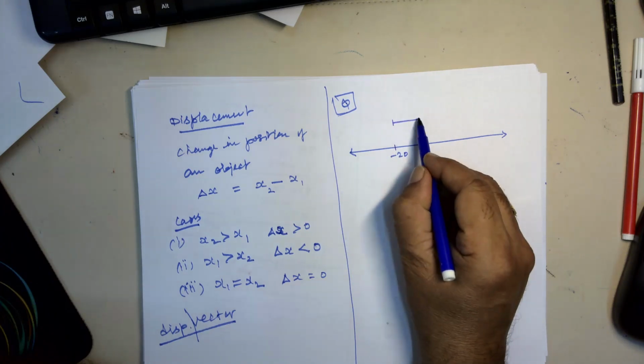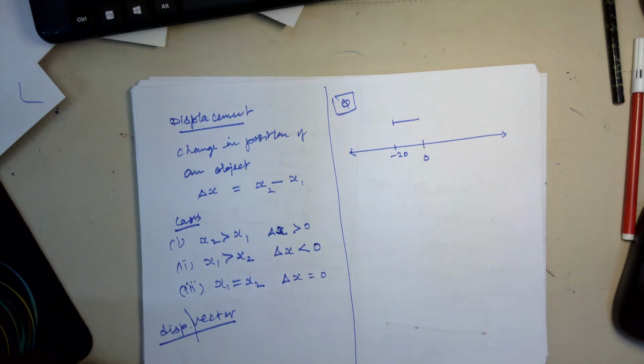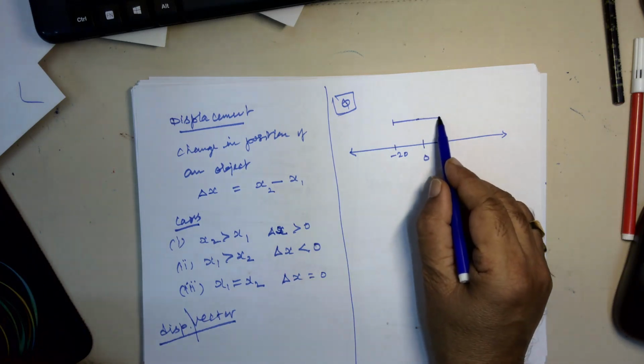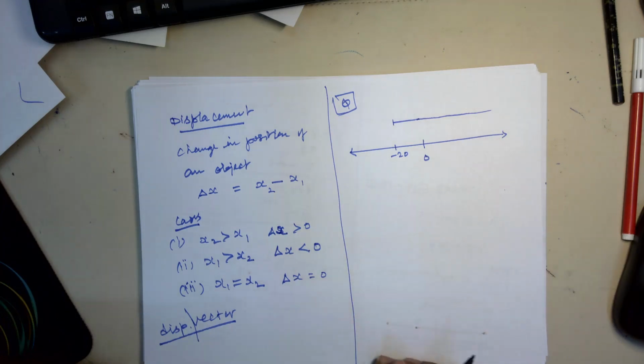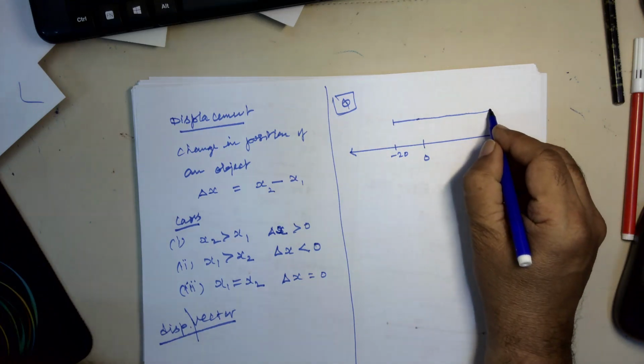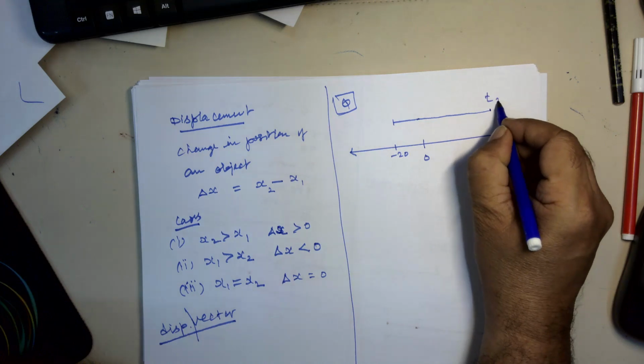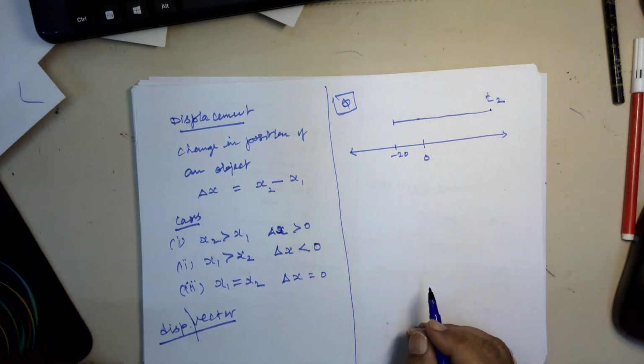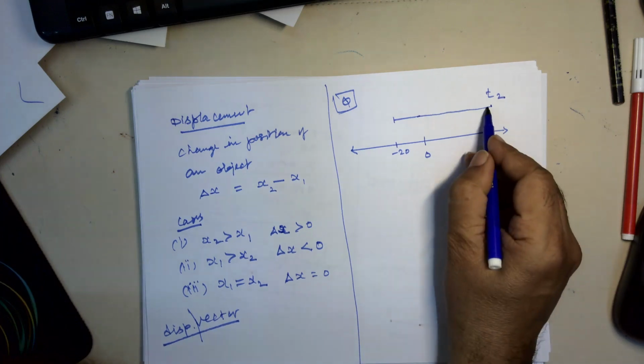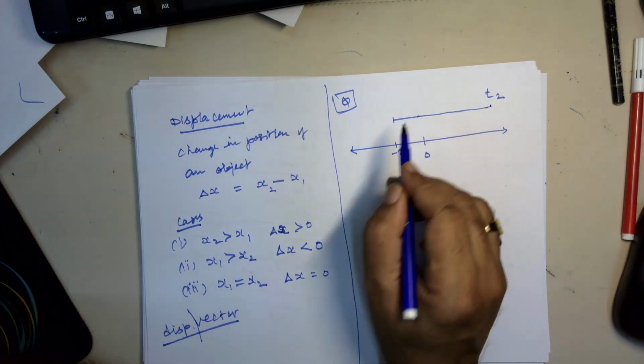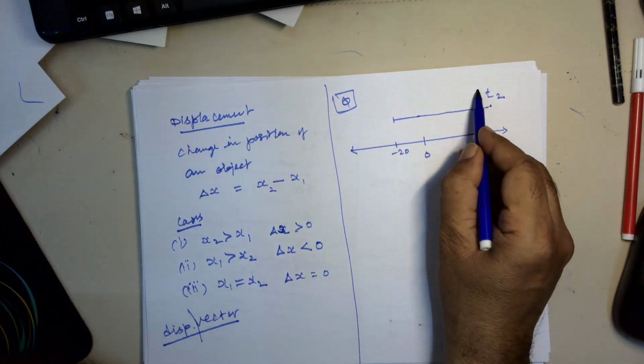He starts moving from here towards the positive axis. He turns at time instant t2, and starts moving towards the minus axis. So he is returning in the minus axis like this.